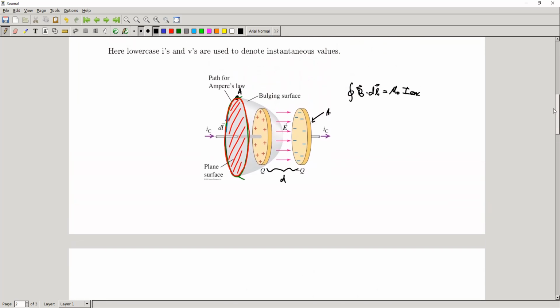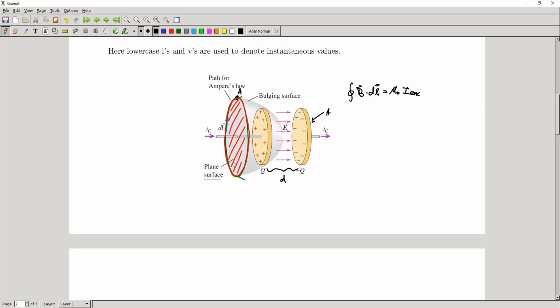Using this new, more general version of Ampere's law, we can revisit this problem from above. And if we do, we're going to find that we no longer have this contradiction. If we look at this bulging surface, the left-hand side works out fine. We end up with B times 2 pi r. On the right-hand side, we have our mu naught, and before, we ended up with a 0 when we used this bulging surface.